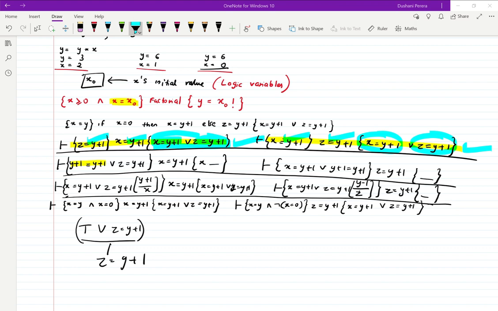So in either case, we have x equals y plus 1, or we have z equals y plus 1. So those are the only two answers which are given by this statement. So the final state that results after the execution of this program needs to have either x equals y plus 1 or z equals y plus 1. So therefore, this Hoare triple is valid.